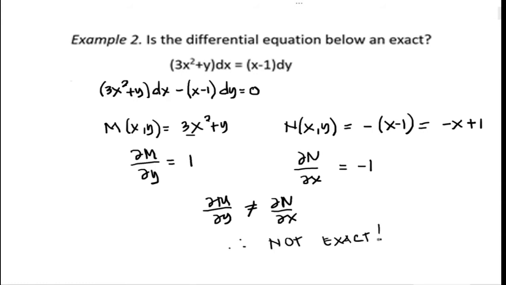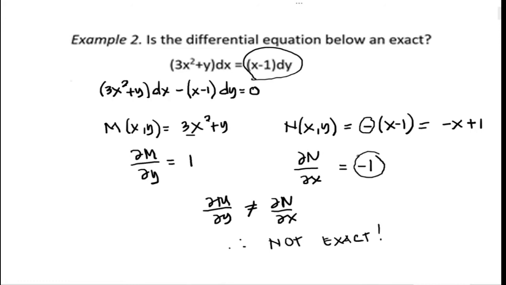I have to emphasize that if we did not transpose this dy term on the left side, this sign here is positive. So therefore, our partial derivative of N with respect to x is also positive, and we may conclude that both the partial derivative of M and the partial derivative of N are equal, and we may make the mistake to say that our given equation is exact.